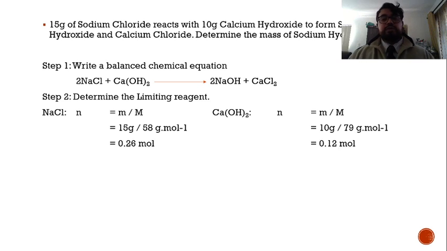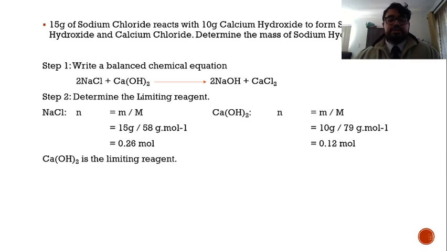Now 0.13 is greater than 0.12, so there's going to be 0.01 of sodium chloride in excess, and that means calcium hydroxide is our limiting reagent.